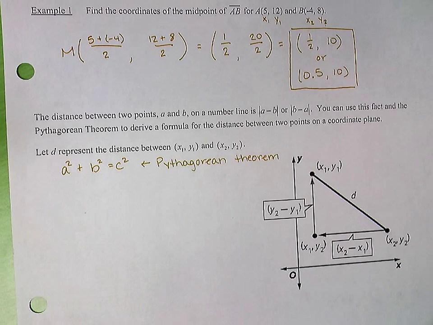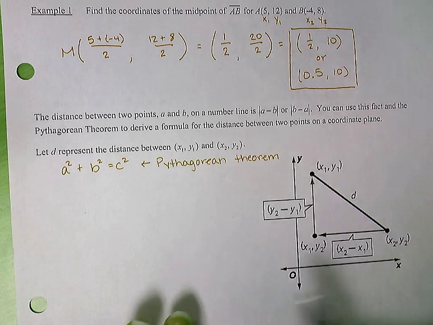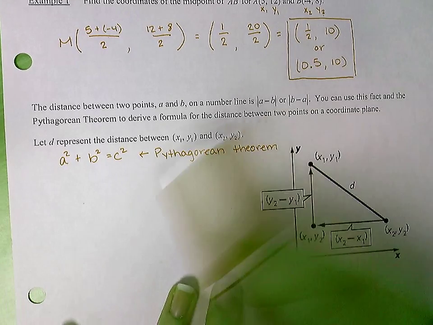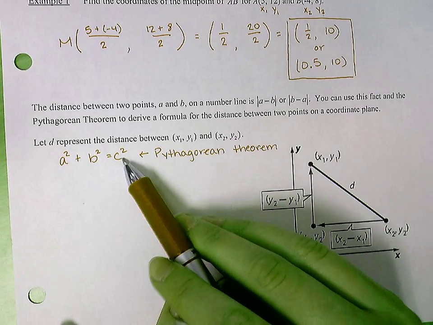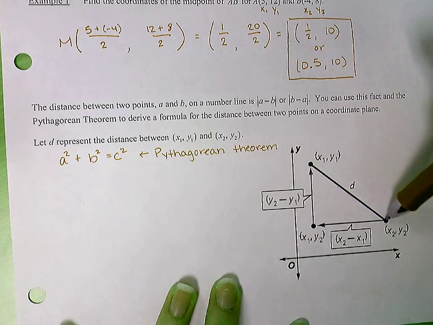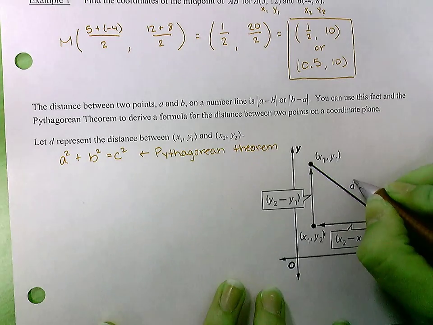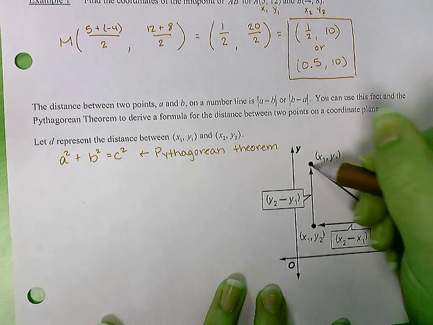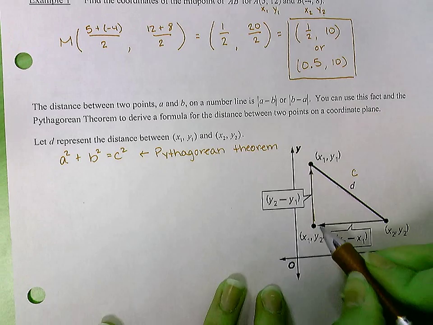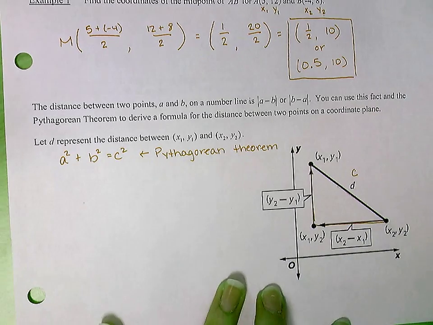Okay, that has to do with right triangles. The C value of that Pythagorean theorem is your hypotenuse. I'm just going to label this right triangle here. I have this side and I have this side.